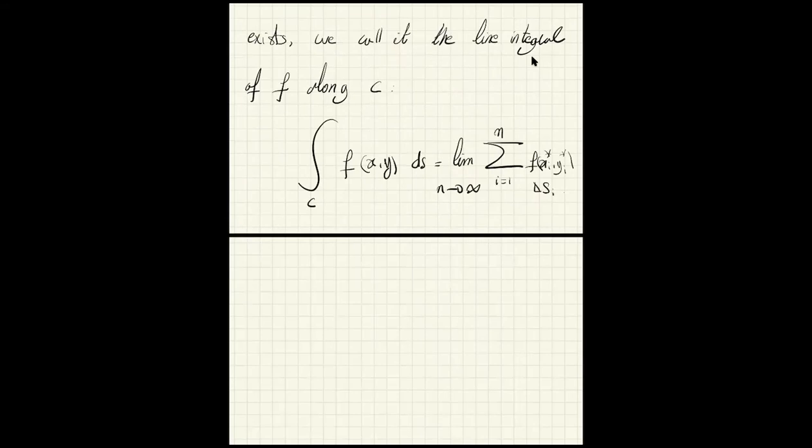All right, this is cool, but just as we did with the surface areas and the change of variables, we would like to have an explicit formula for this. So again, we will need to focus on delta S_i.